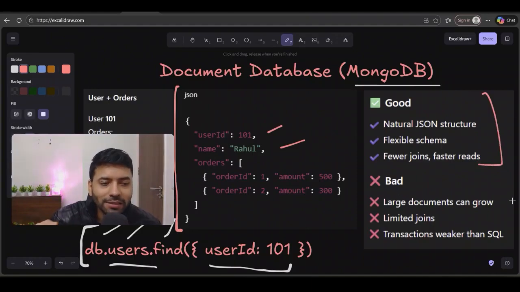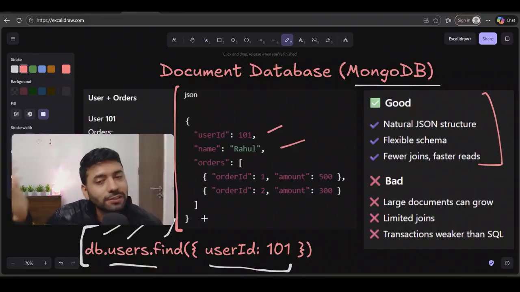Talking about the bad things, so one thing that you can clearly see, because we are keeping all the data in a document, if your data keeps on increasing, your document can become really large, and of course it has a limit. Then you cannot keep all the data in one document, then you have to do other modeling style that we discussed earlier.